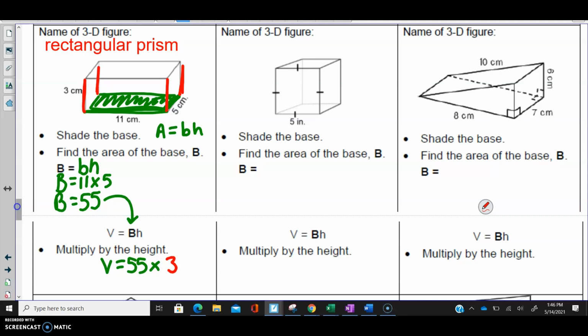So times 3. Using your calculator or off to the side, we get 165. And we did centimeters times centimeters times centimeters, so centimeters to the third power, or centimeters cubed.